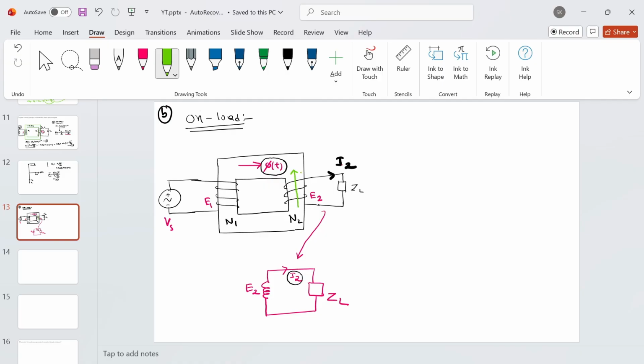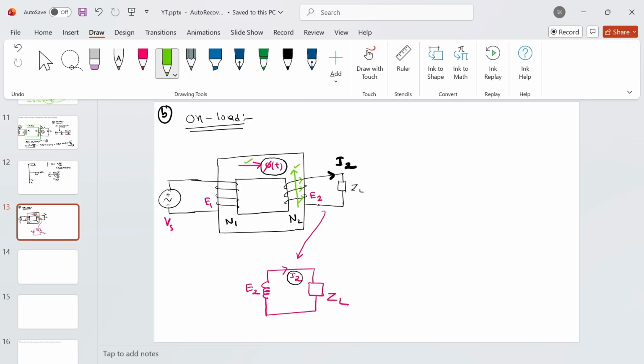If it is in the upward direction, they can basically cancel each other, right? It can only happen if the current is flowing in this manner. If your current direction is in this way, then your flux will be produced in the upward direction, and these two will be in opposing nature.